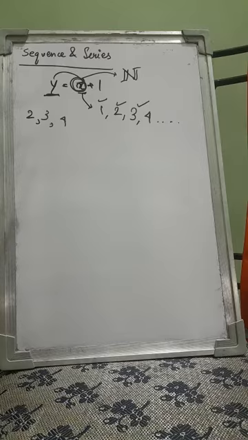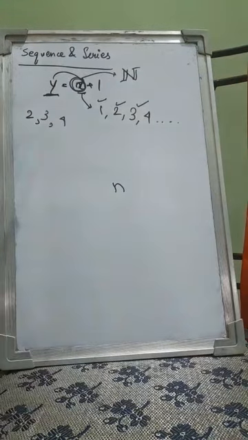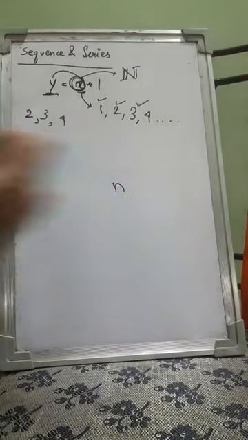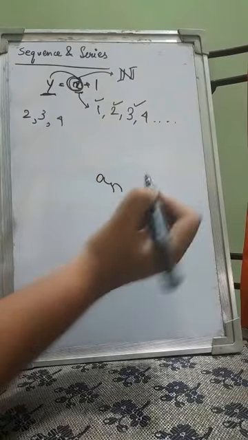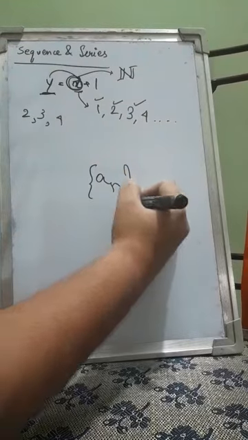That's what we call n in the sequence, right? n is the natural number as it changes, and y is the dependent variable. So as n changes, we have values which give us 2, 3, 4, and so on. So n is the natural number and an is the y here. So this is basically a sequence.